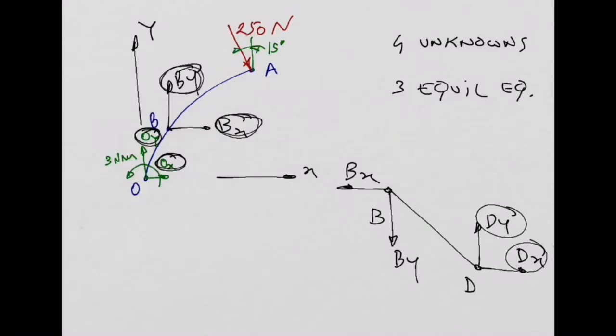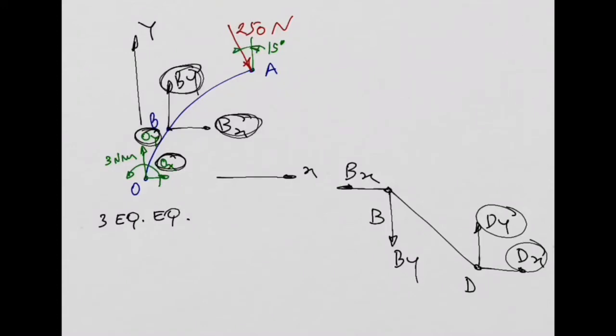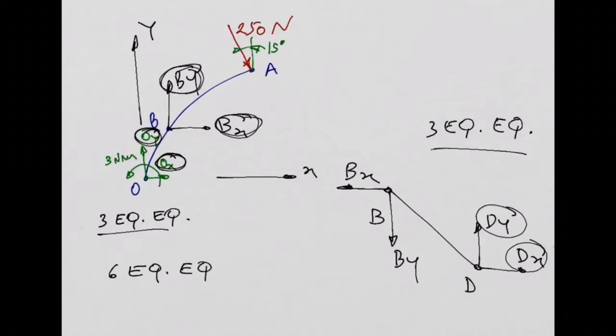Now, you have here 2 different free body diagrams. You have this one that will give you 3 equilibrium equations, and you have this one here that will give you also 3 equilibrium equations, right? So 2 free body diagrams here. Each of these free body diagrams will give you 3 equilibrium equations. So you have a total of 6 equilibrium equations for 6 unknowns.